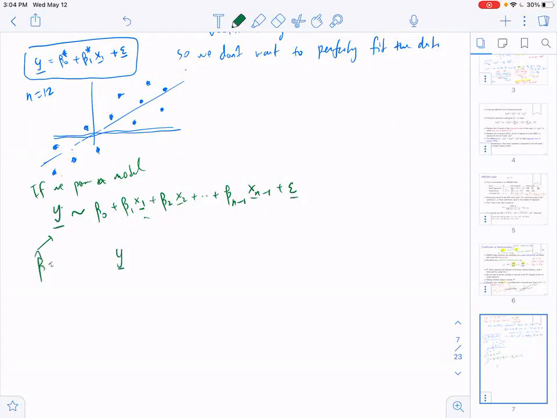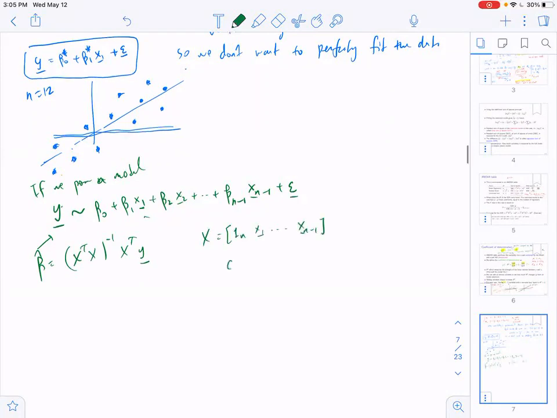I get beta hat, which is X transpose X inverse X transpose Y, where X is 1, x1, up to x n minus 1. In this case, X is n by n. If you assume it's full rank, then this problem is solvable.